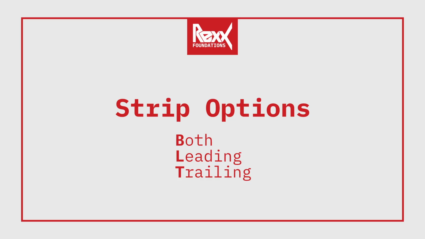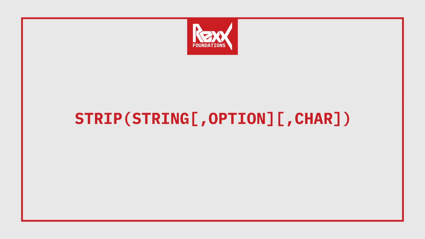Now, this brings us to the final optional parameter, which is the character. This is the what, as in what on earth do we want to remove? It's important to note that if you don't add anything here, it assumes that you're hunting for spaces, so you can leave it blank and Rex will just make an assumption.